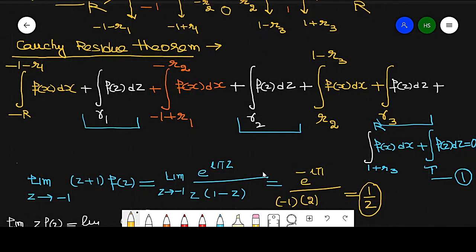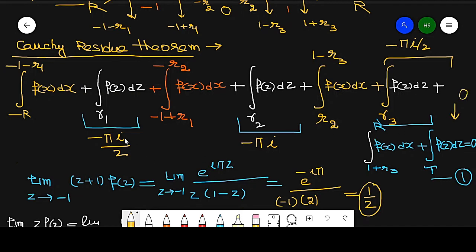Now from this, what is its value? Its value is minus pi iota by 2. What is its value? It is minus pi iota. And what is gamma 3? Its value is again minus pi iota by 2. And what is its value? Its value is equal to 0.